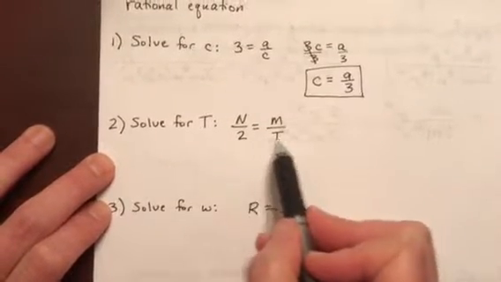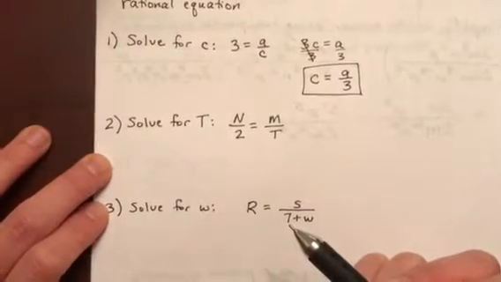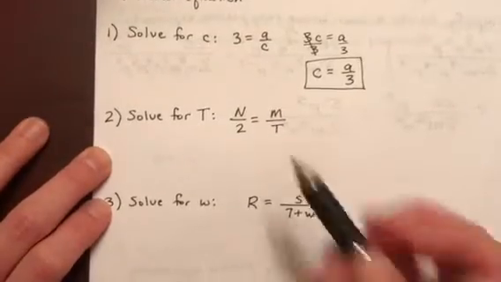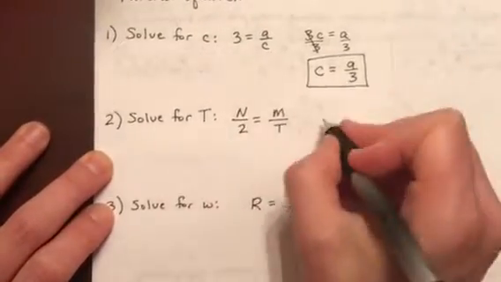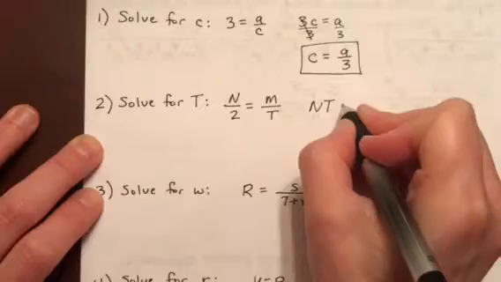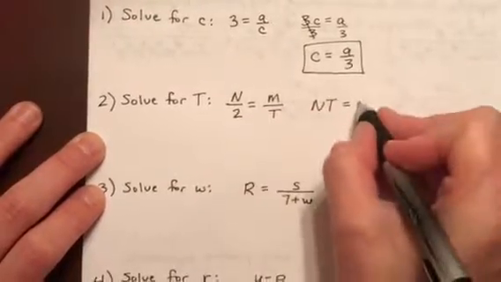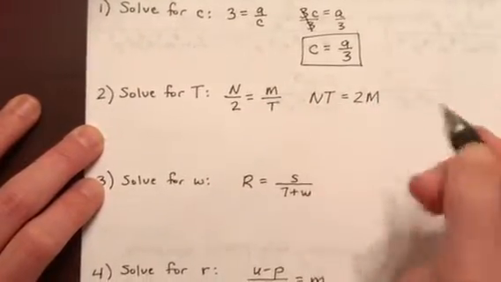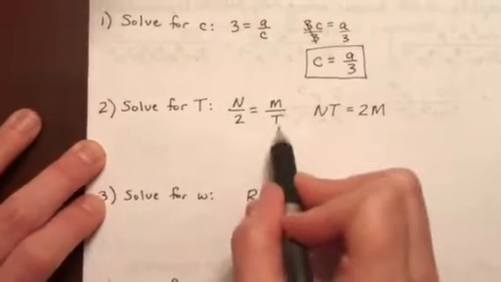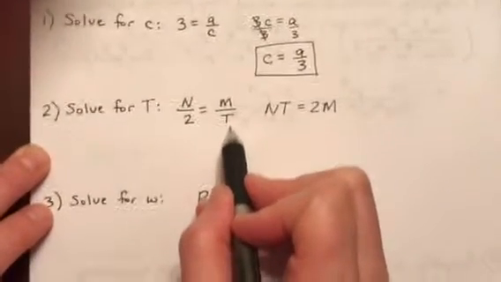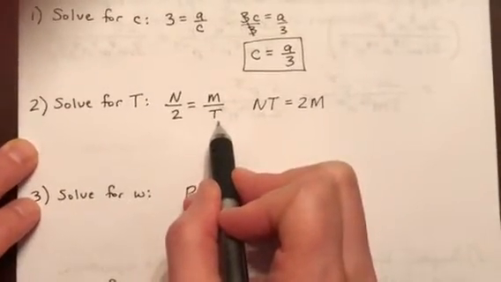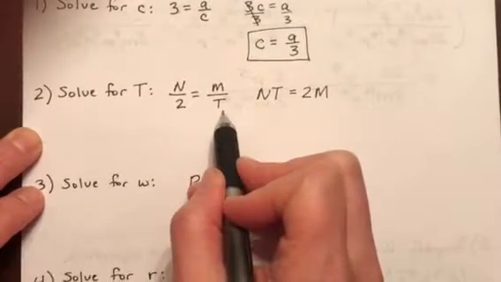Whenever you have two equal fractions, you can do what's called cross multiplying. So we can say n times t equals 2 times m. The reason for this, we can think of it another way, is that we multiply by the least common denominator of all the fractions present.